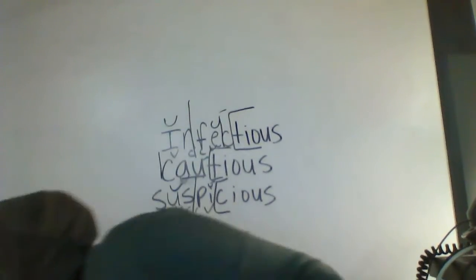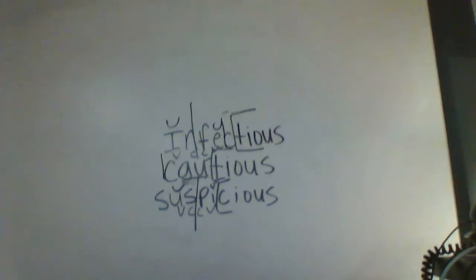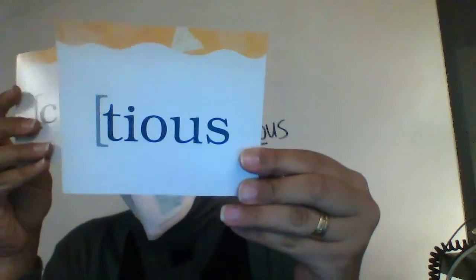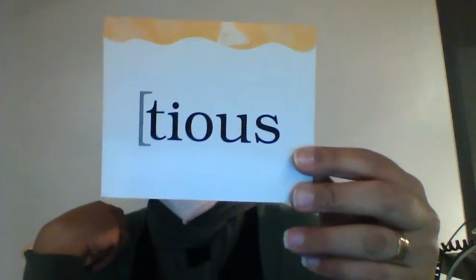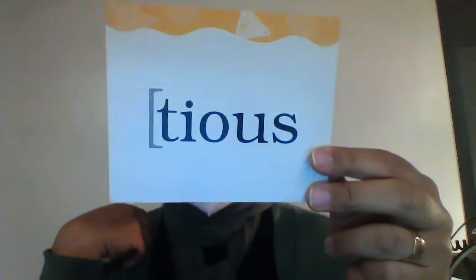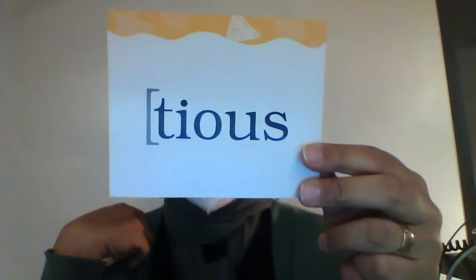Okay. This is our new letter card. So whenever we see this letter card, we're going to say final stable syllable shus. We're not going to say final stable syllable TIOUS.